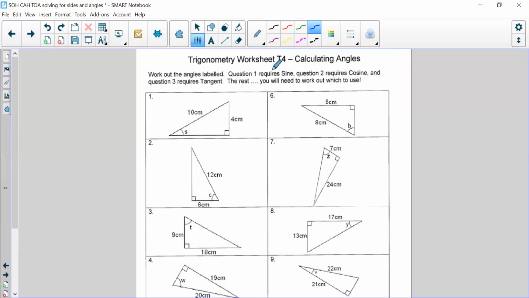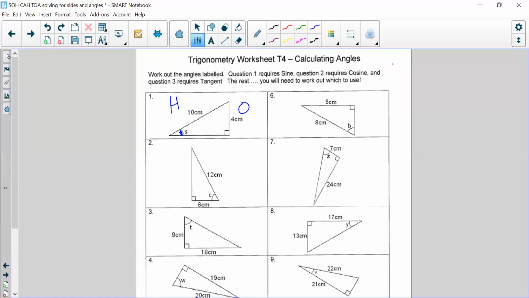Again, you're going to identify the angle that you're looking from. So here's my angle. Again, label your sides. Hypotenuse, bottom is adjacent, all the way across is opposite. Erase the one that has nothing on it. So in this case, I'm erasing the adjacent. And O and H is sine.